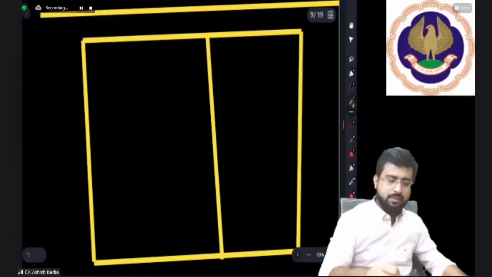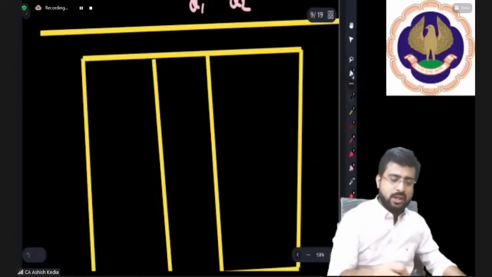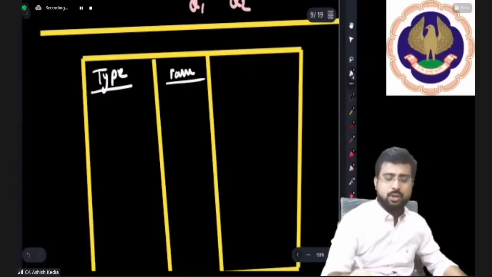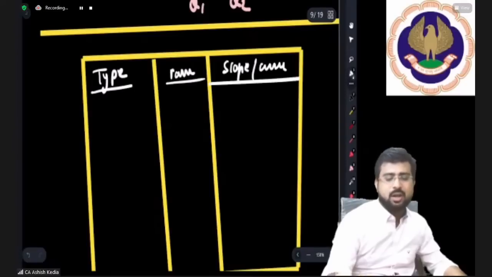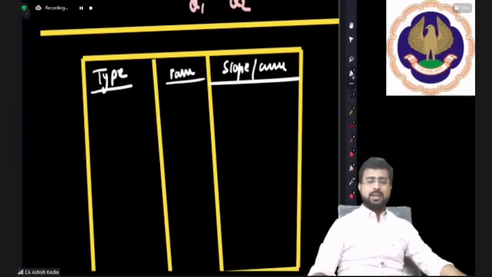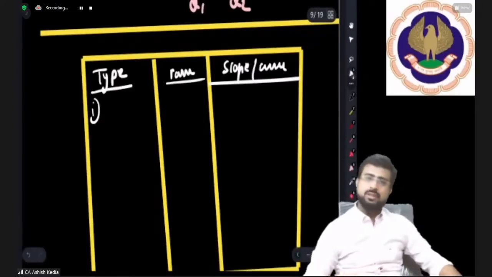Pay attention. Here I'll write the type of elasticity, here the value, and here the nature of the curve, how the slope looks. Please remember, everyone. You can copy this table with me, no problem.